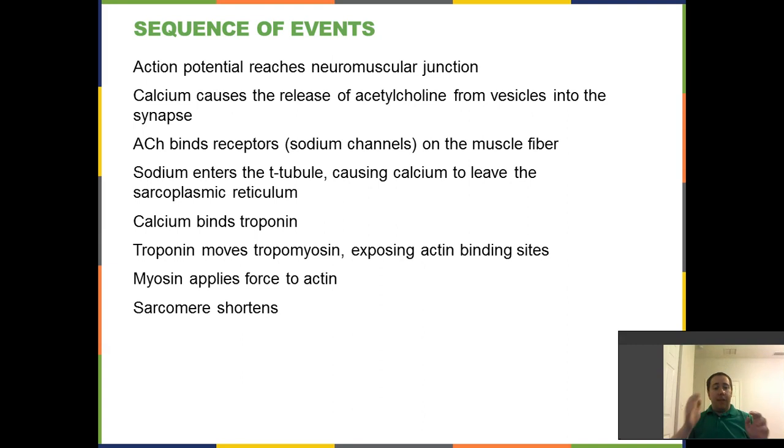So the next thing we have to talk about is what actually causes this to happen. Now, I'm not going to go through this list right now. This is essentially a summary of the slides that are coming up. If you can walk through this sequence of events when we're finished, that is the sign that you understand how this works.